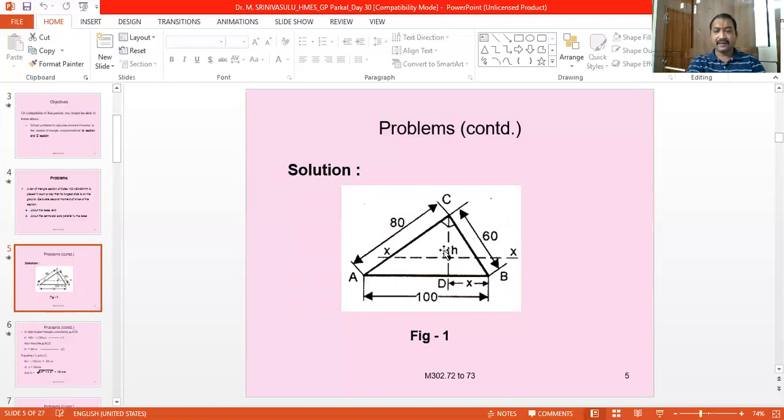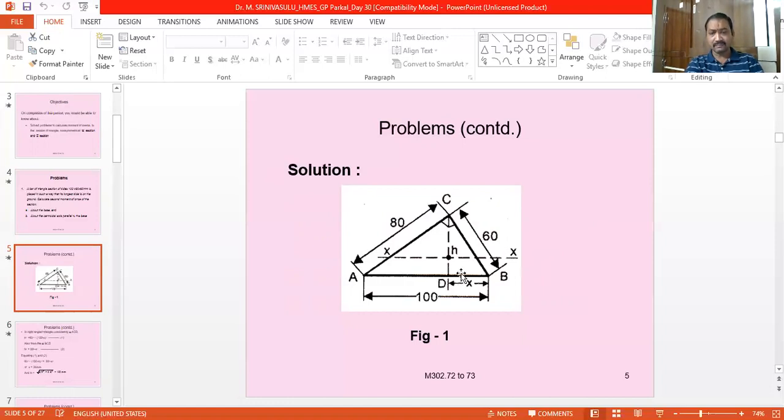Now here we have two right angle triangles. When you join C and D, the given triangle is divided into two right angle triangles: one is the triangle ACD, the other is the triangle BCD. These two are right angle triangles, and here H is unknown. That H we have to find, and this X is also unknown.